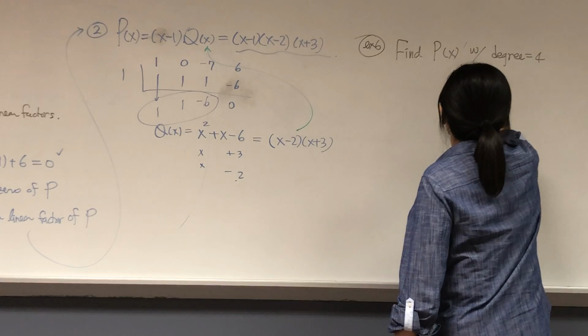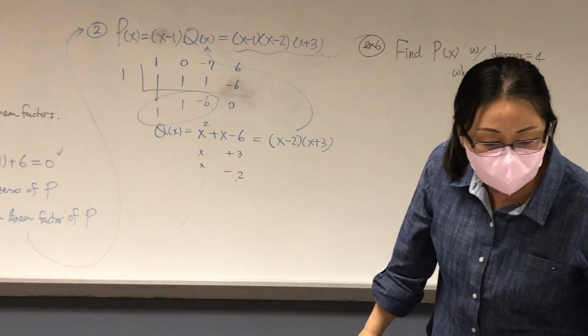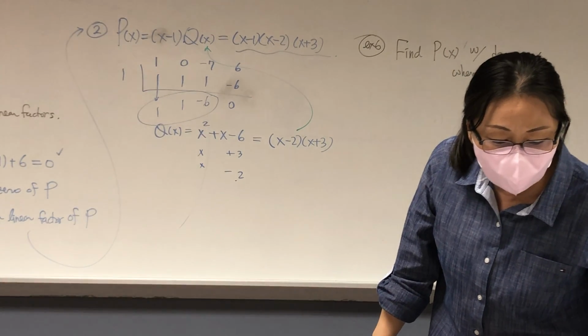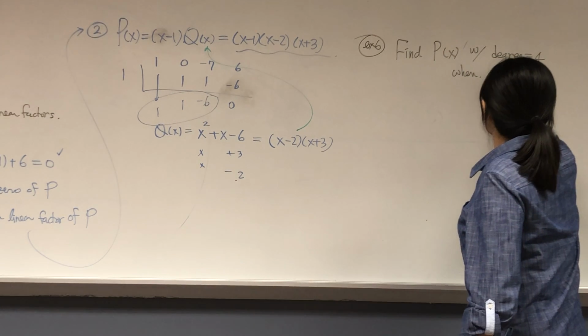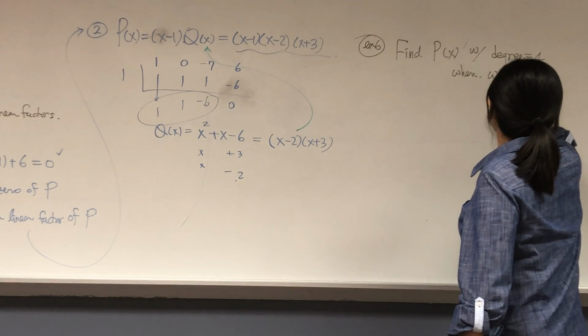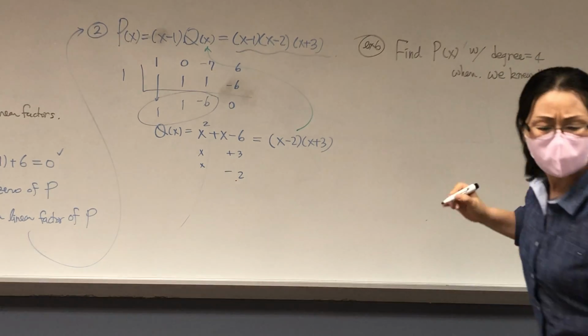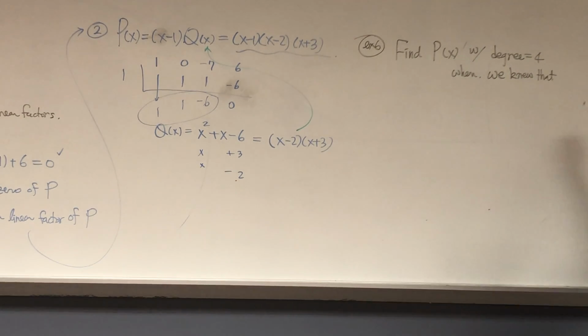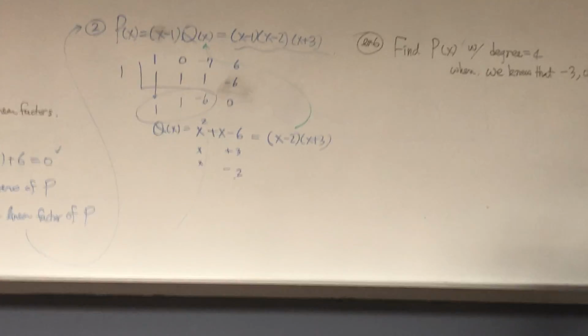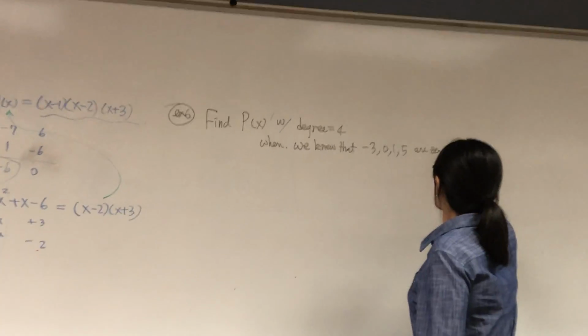What is the given condition? And we know the zeros. Negative 3, 0, 1, and 5 are zeros of P.